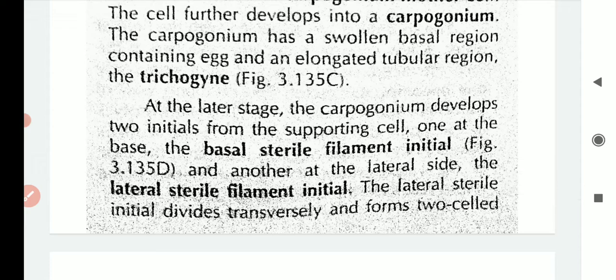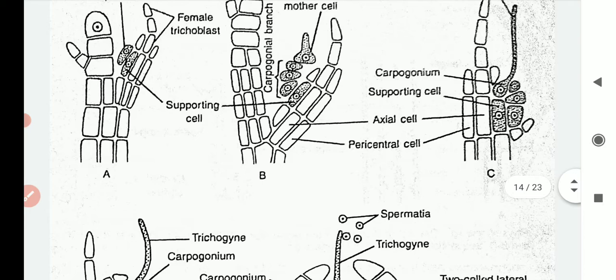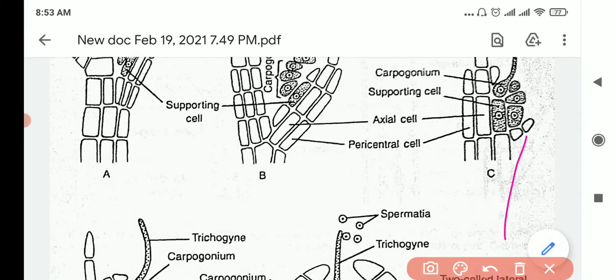Okay, at a later stage, the carpogonium will develop two initials from the supporting cell, one at the base, the basal sterile filament initial, and another at the side, the lateral sterile filament initial. So later on there will be two initial cells from the supporting cell.